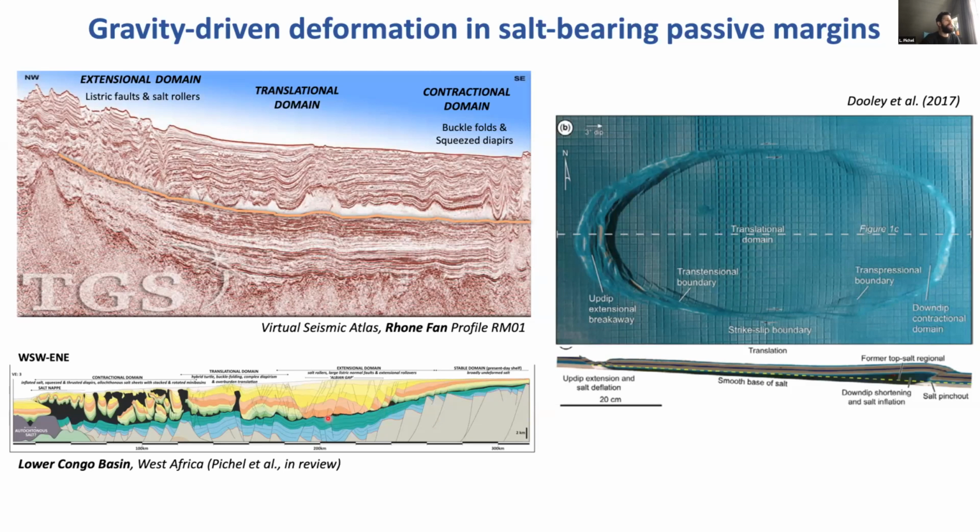You keep the relief for the salt deposition, and that affects the post-rift salt tectonics evolution. You see this example here from the West African margin. They have a lot more complexity, especially associated with base salt highs or steps, and things are much different than in this simpler scenario.